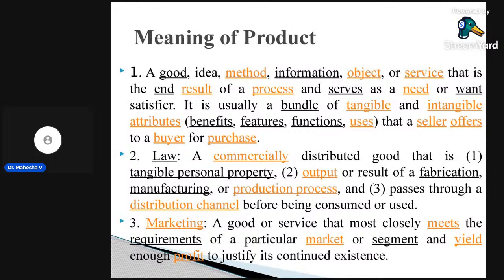What is a product, friends? Let me tell you in general, a product is a set of both tangible and intangible attributes. What are the tangible attributes? The raw material which we are going to use, that is a tangible attribute.